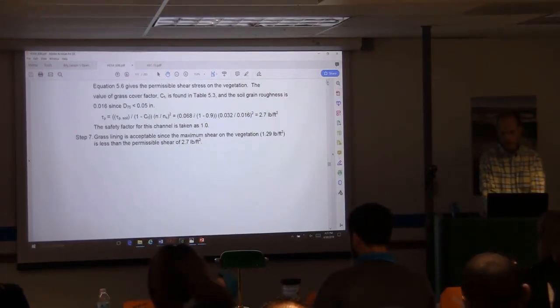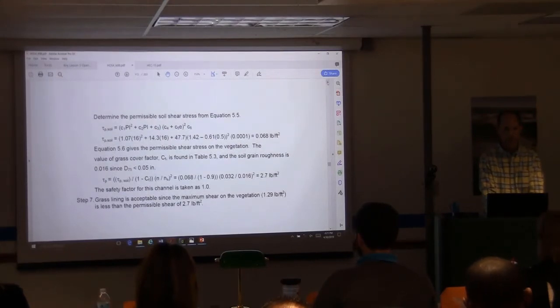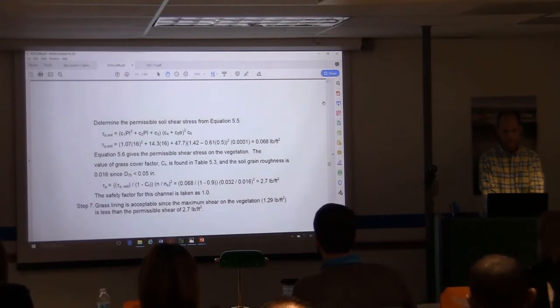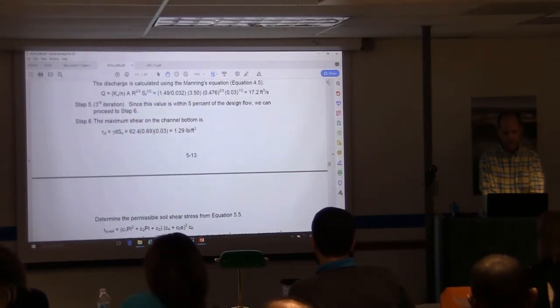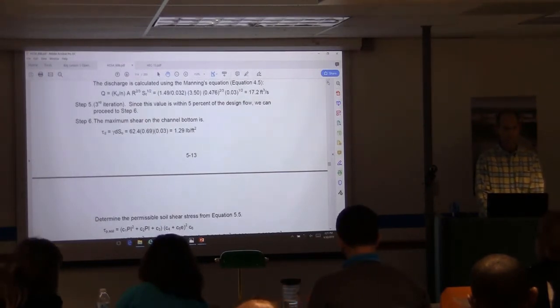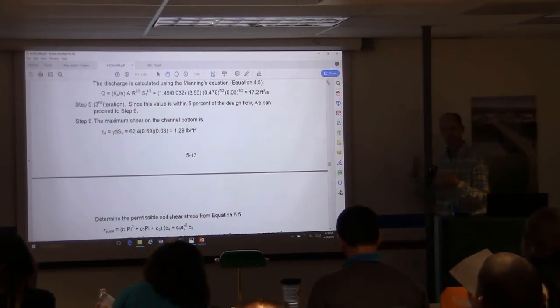So what is your verdict after doing this 2-hour calculation? The permissible is 2.7 pounds per square foot. The applied is 1.29 pounds per square foot. Good. Lining is acceptable. The applied is less than what the lining can tolerate.